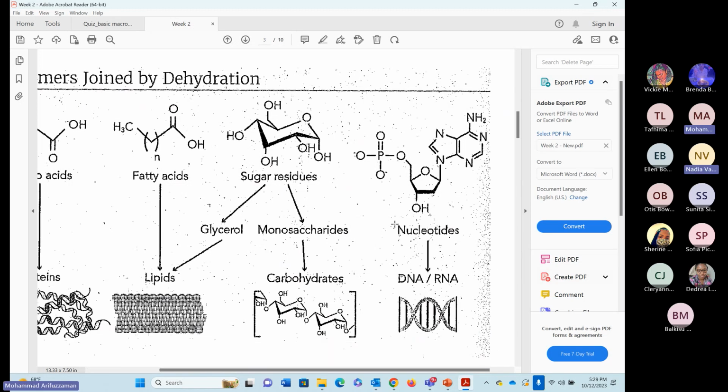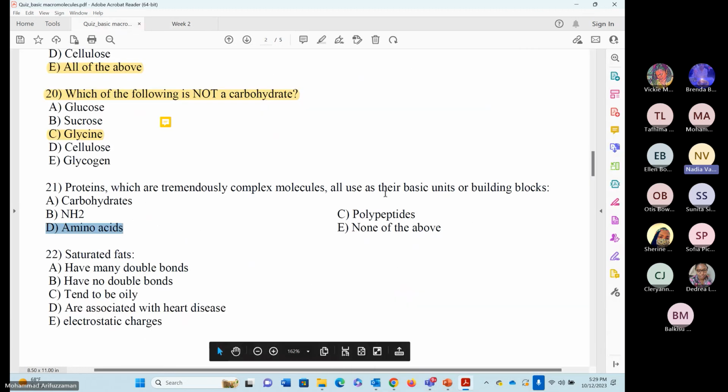So monomer means single units and polymer means many monomers linked together. So the monomeric unit of protein is amino acid. Good.